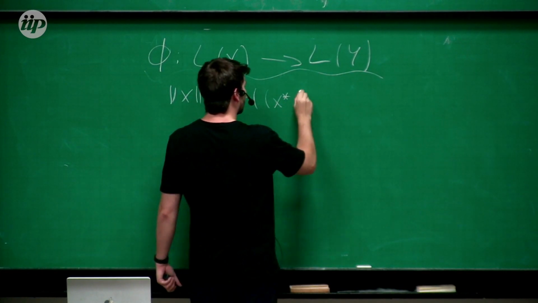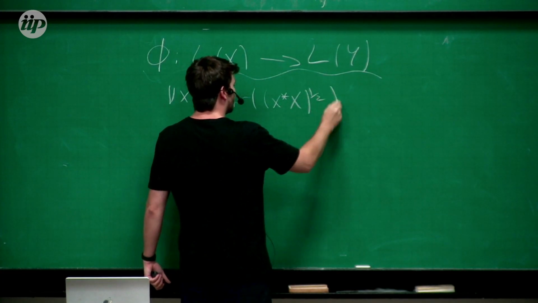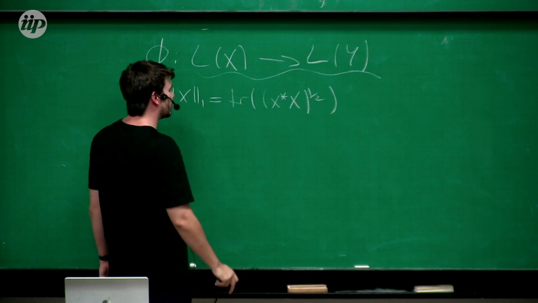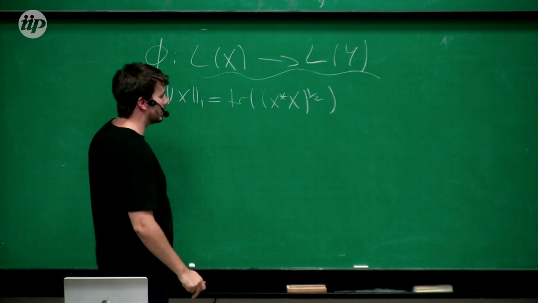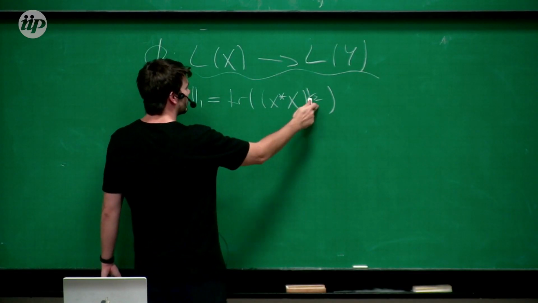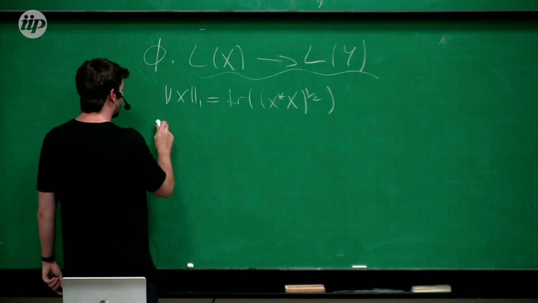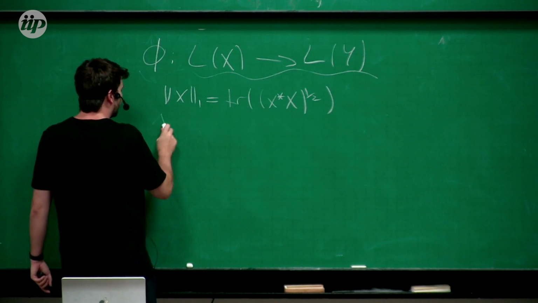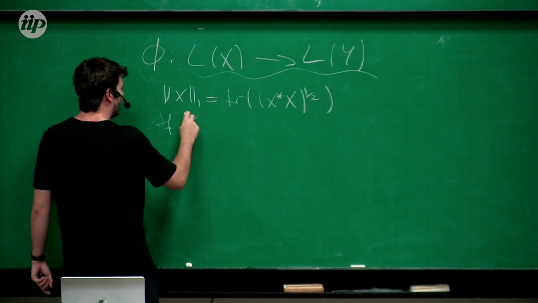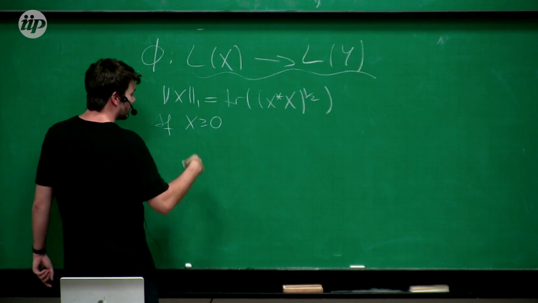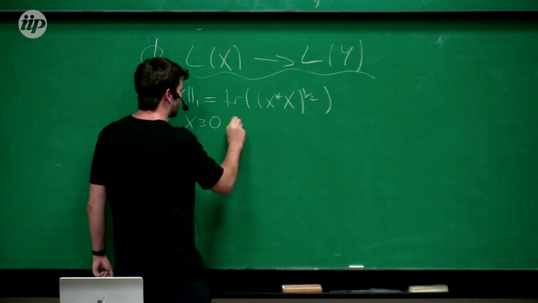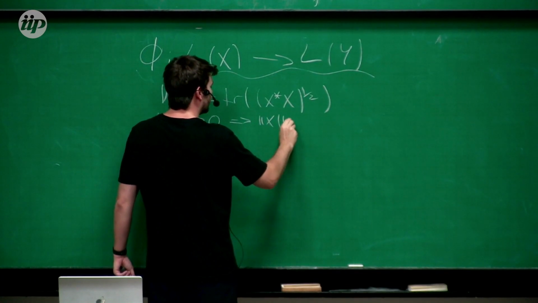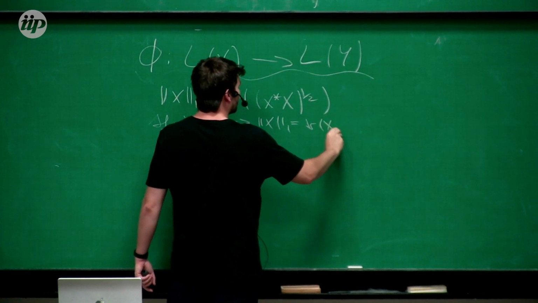You take a matrix, multiply it with its adjoint, and then take the square root. But if x is greater or equal than 0, so for positive matrices, the trace norm is then just trace x.